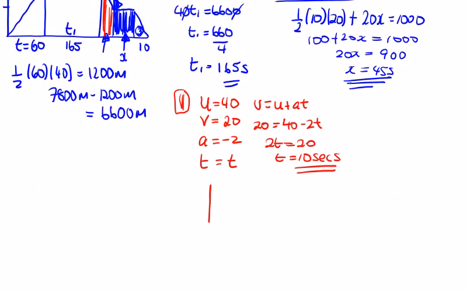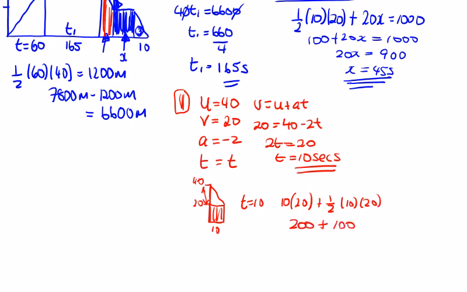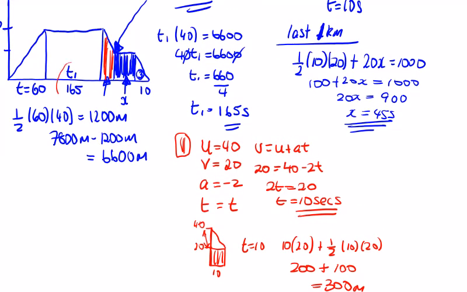If we look at the distance covered in this shape, we have our 40 and our 20. t was 10. So I have 10 by 20 plus half the base, which is 10, by the other 20, which is from 20 to 40. So it's going to be 200 plus half of 200, which is 100. So that's going to be 300 meters. Okay, so that should leave me with this T1 here, which we initially got, but we know is wrong. So let's work back to get this T1.